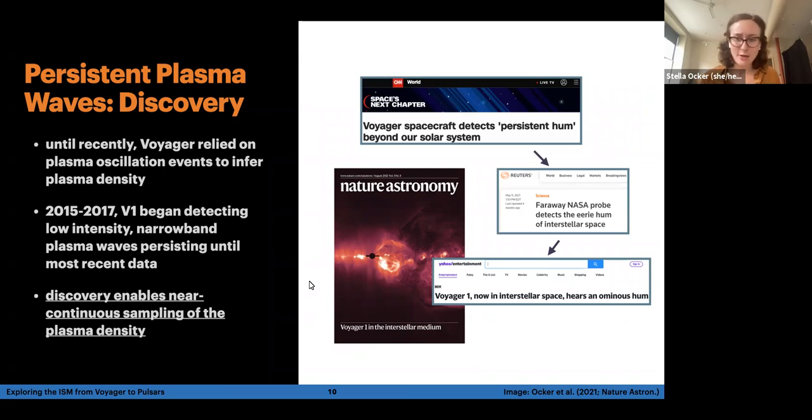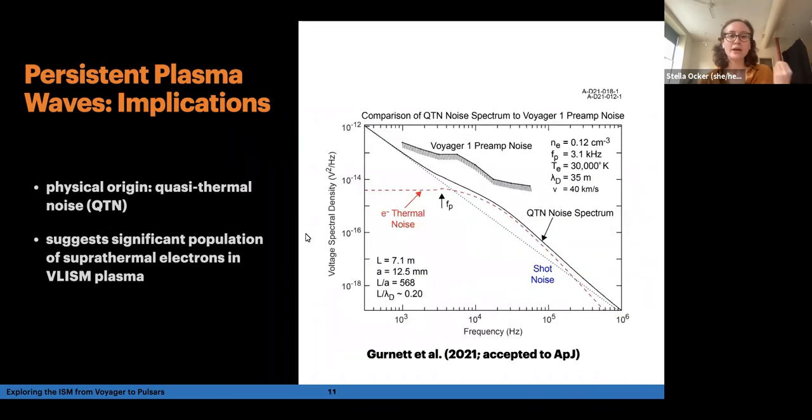But then the persistent hum became an eerie hum, and the eerie hum became an ominous hum, which was rather concerning. But regardless, this discovery left open a number of questions, the main one being, what is the physical origin of this persistent plasma wave signal in the Voyager I data?